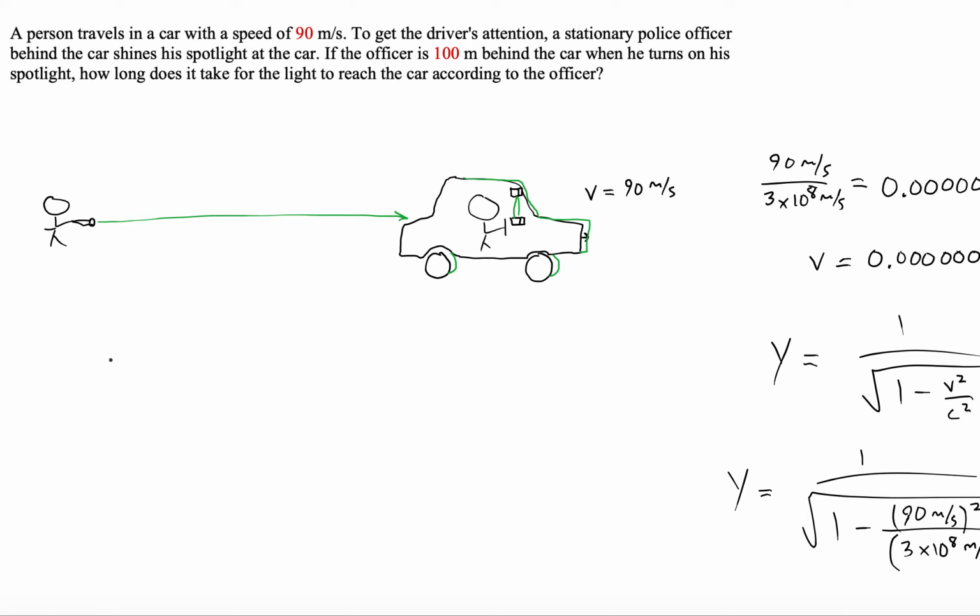So to answer this question, we could simply use the formula c equals d over t. Speed of light equals the distance divided by the time. All right, so the distance would be basically 100 meters. And then we can plug in the speed of light.